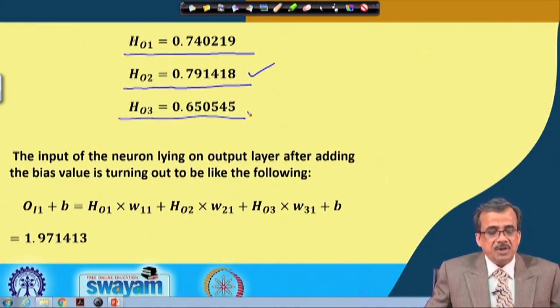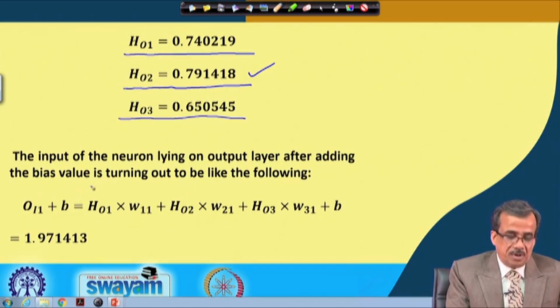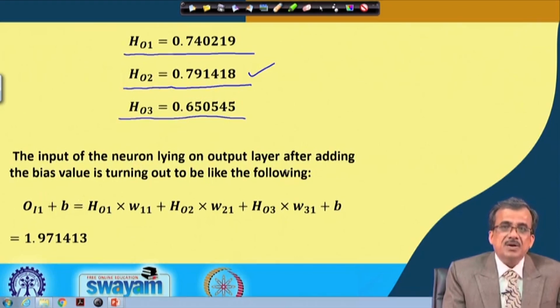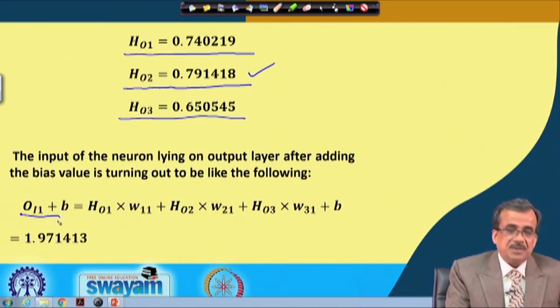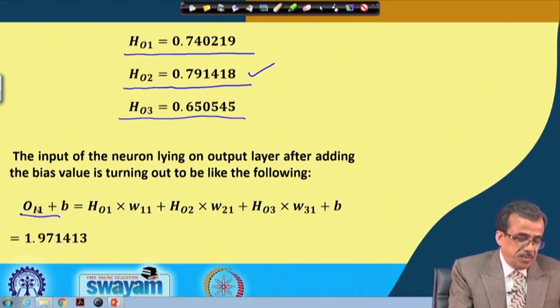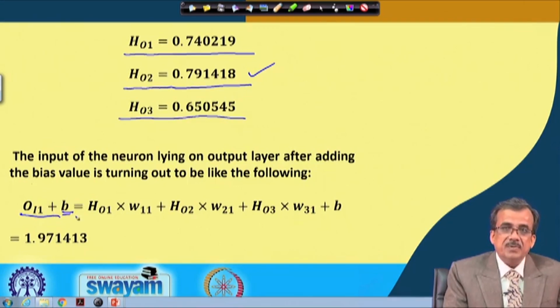And once you have got the output of the hidden neurons, very easily you can find out what should be the input of the neuron lying on the output layer. So, this OI1 is nothing but the input of the first neuron lying on the output layer, and we are adding the bias value.